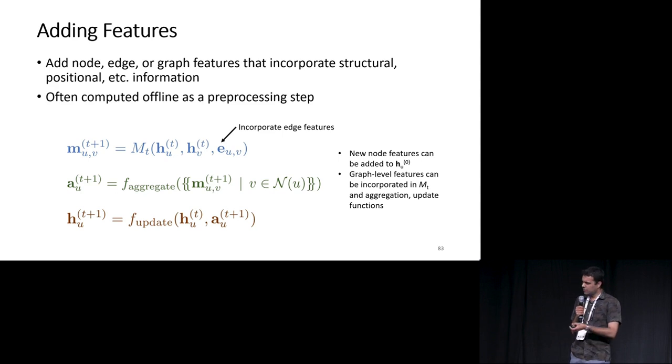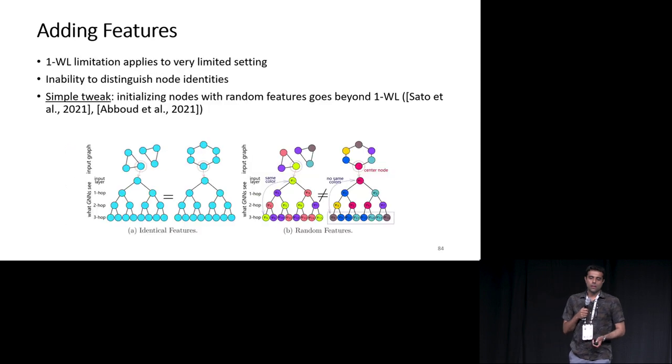So usually you compute these features offline before you train. Okay, so one simple example here is that, even if you pick random features for every node, that already enables you to go beyond 1WL. This was shown in a work of Sato et al. and a subsequent work.